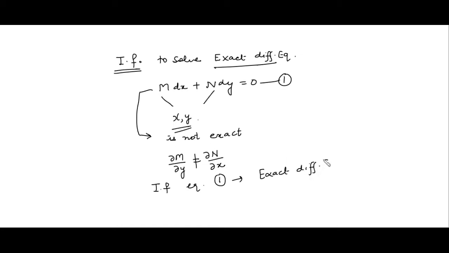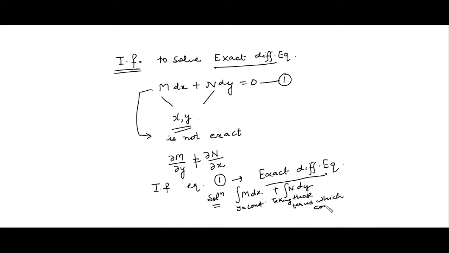Once the equation becomes exact, we know that the solution will be the integration of M with respect to x by treating y to be constant, plus integration of N with respect to y taking those terms which contain no x, is equal to c. So this is the solution of an exact differential equation.